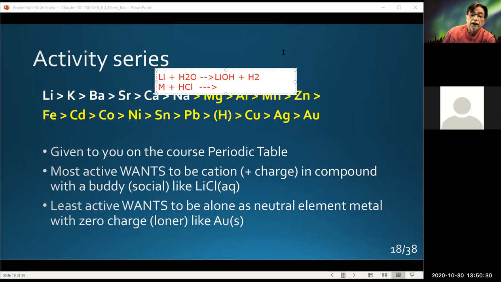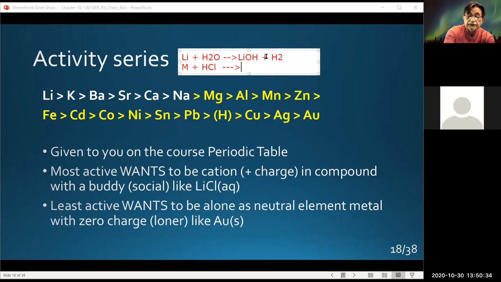And that gives us the metal chloride plus hydrogen gas again. That's going from magnesium up to lead. They require a lot more aggressive conditions in order for them to react.